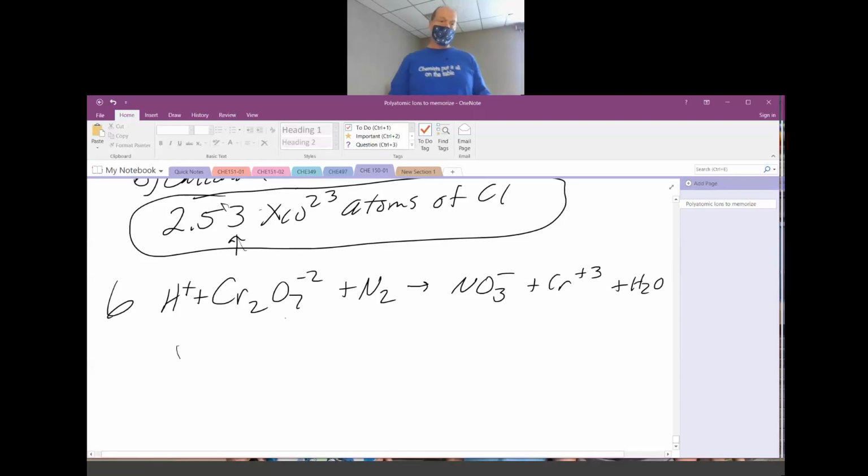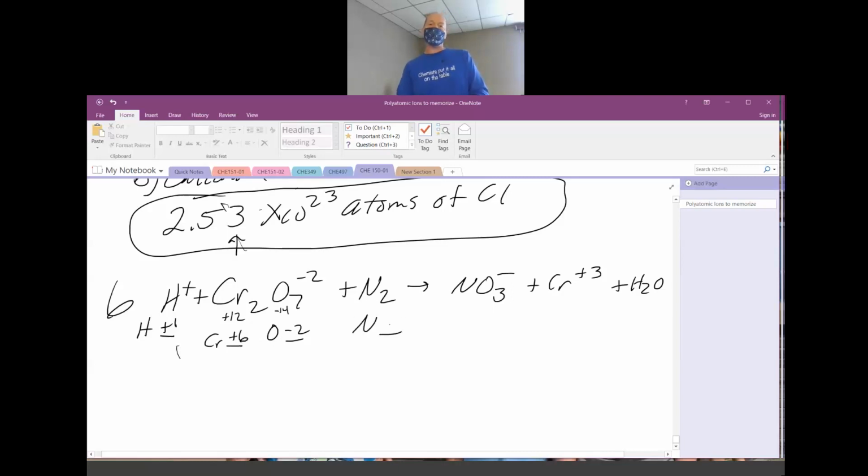This one is an oxidation reduction. What's not extra credit is getting the oxidation numbers. H plus, monatomic, is plus 1. Here, your oxygen is minus 2, so that makes minus 14 because there are 7 of them, which makes this a plus 12 because the overall charge is minus 2. That makes each Cr plus 6.